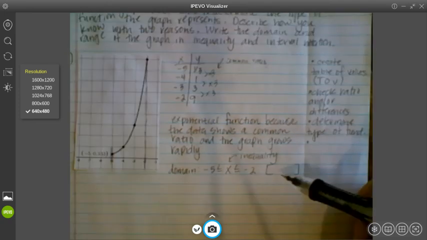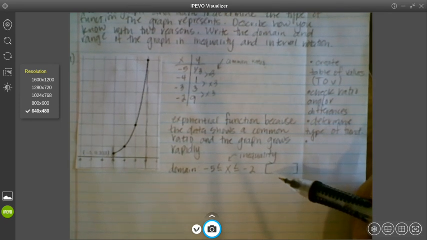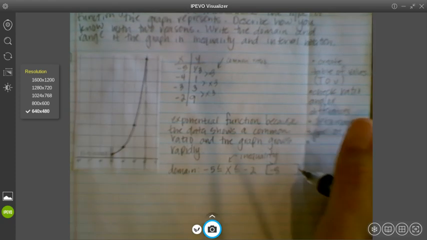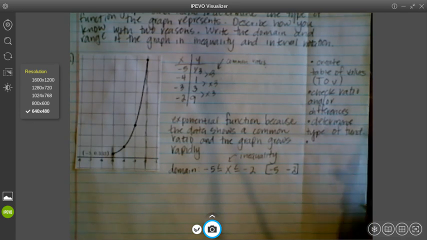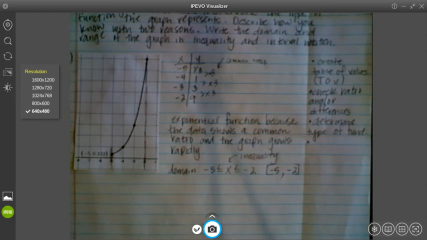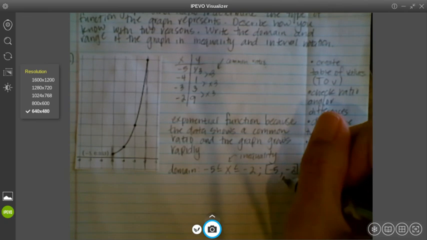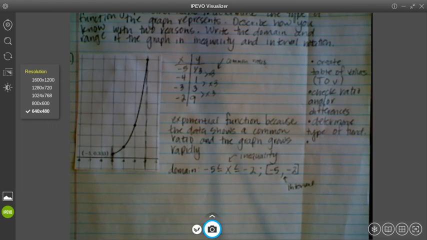And we're going to talk a little bit more on Wednesday, actually, about when to use something different than that. So it is closed at -5, and it is closed at -2 because, again, we have a point at -2, and we just separate those with a comma. So when we're writing the domain in interval notation, we're going to use the brackets. But again, the same values that we saw in our inequality notation.